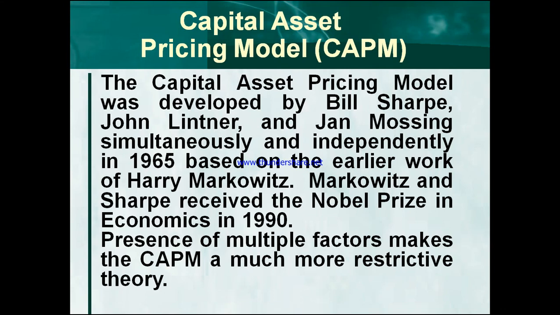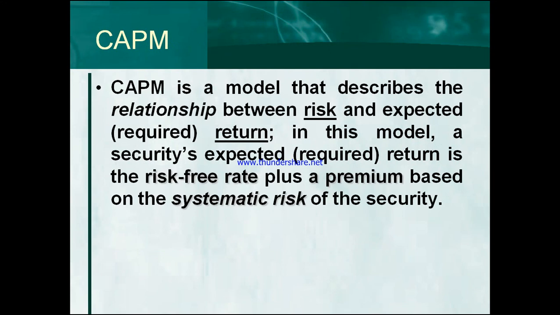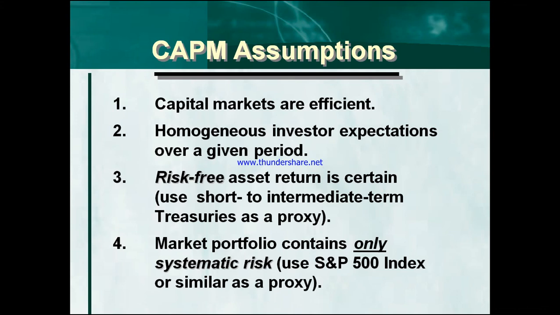It presents a much more restrictive theory than multiple-factor models. These models describe the relationship between risk and expected required returns. In this model, a security's expected required return is the risk-free rate plus a premium based on the systematic risk of the security. There are different assumptions in the capital asset pricing model.